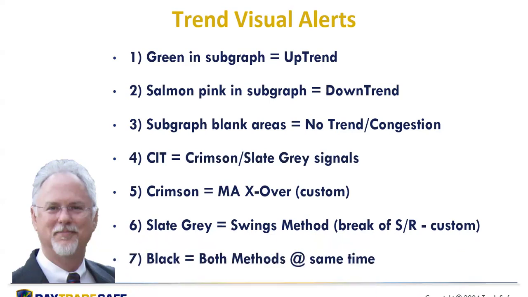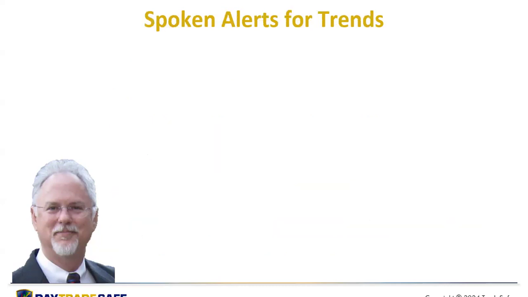No, you don't. Once in a blue moon, you might get both methods indicating a change of trend on the same bar, in which case it'll be a black narrow band of color. Is that better? Not necessarily. Just they both occurred.